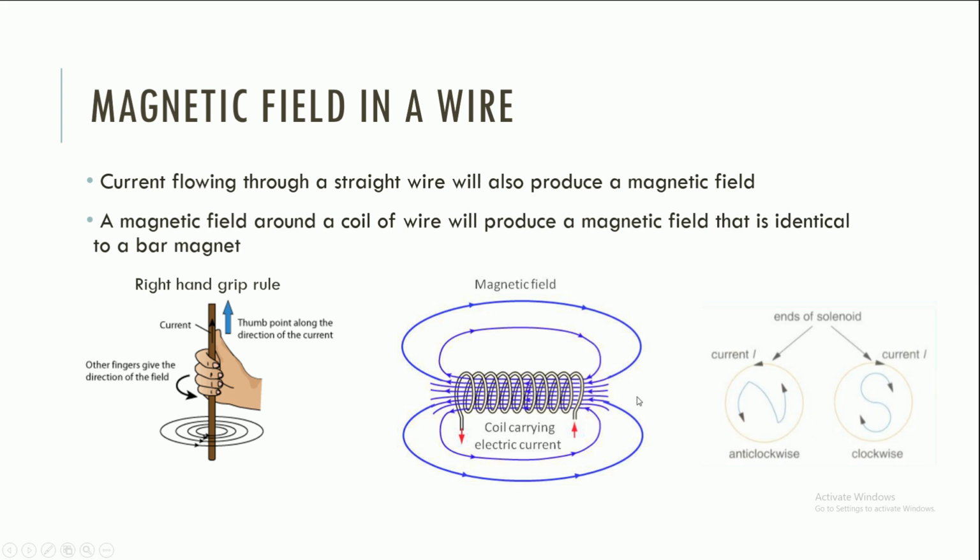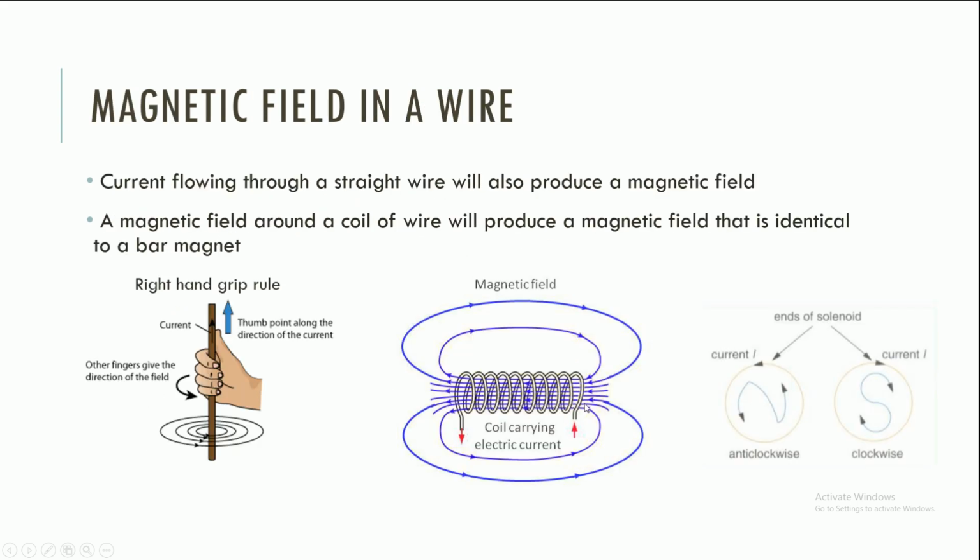So again, as we took a look at before, the horizontal lines in the middle are going from right to left. And remember, in a bar magnet, it goes from the south to north pole.